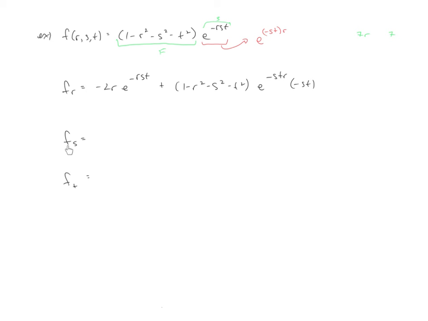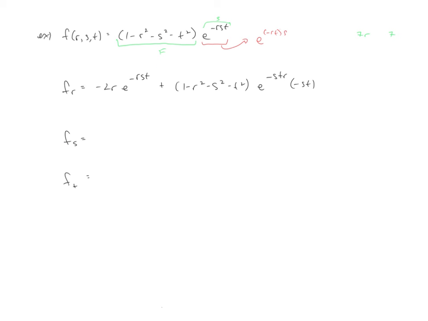So now moving on to f sub s. Now, s will be considered our variable, and every other thing here will be considered a constant. So it might be helpful now to rewrite this guy here as e raised to the negative rt with the s off to the side. And again, that's purely optional, but it's something that early on will be quite helpful.